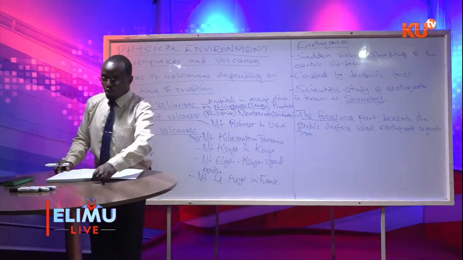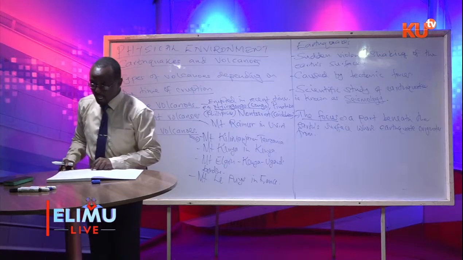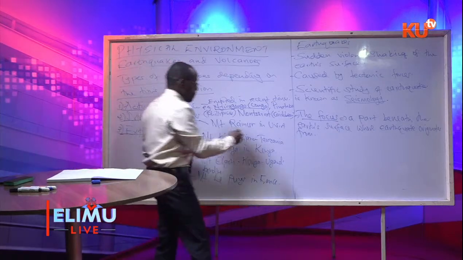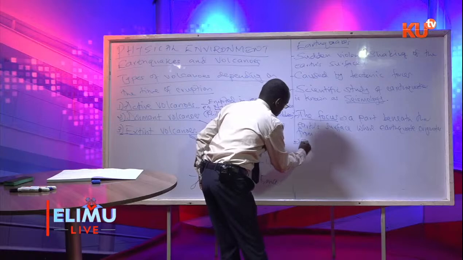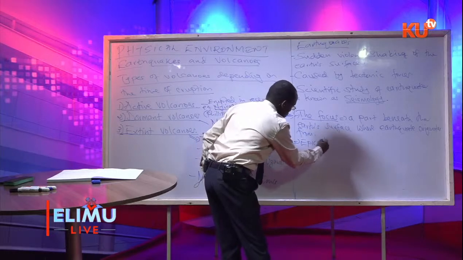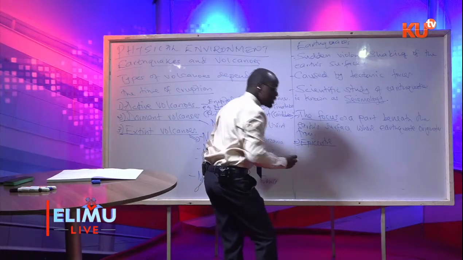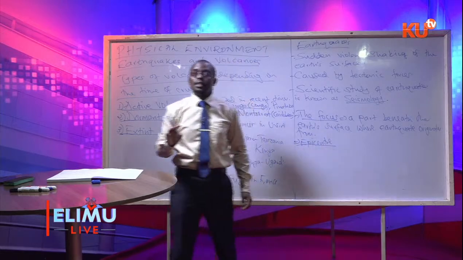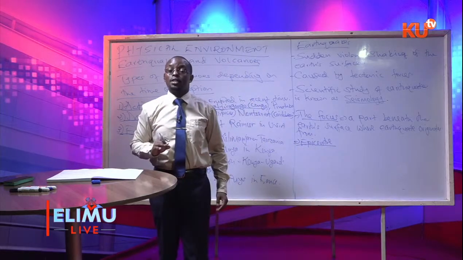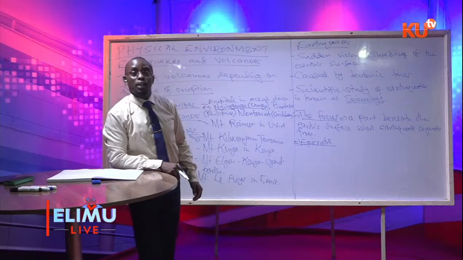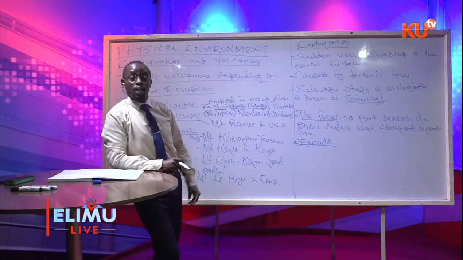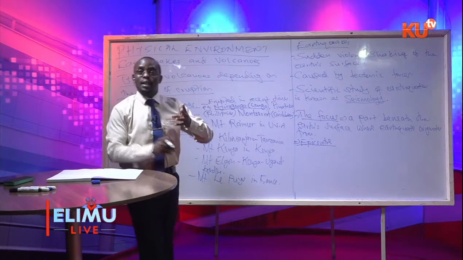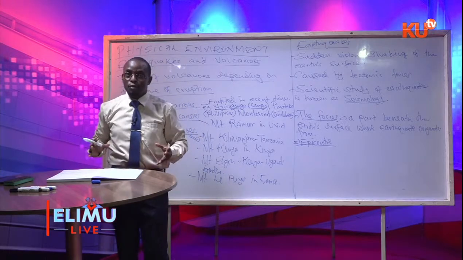So, number 2, we have an epicenter. Now, there's a part on the Earth's surface that is first to receive the effect of the earthquake from the focus. In other words, it is a part that is vertically above the focus.